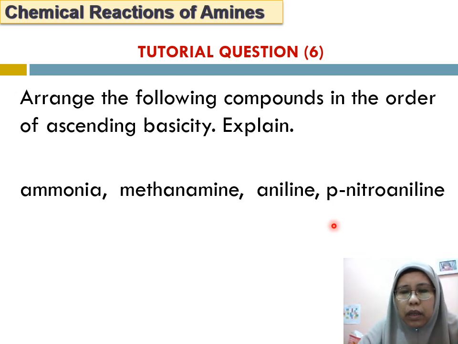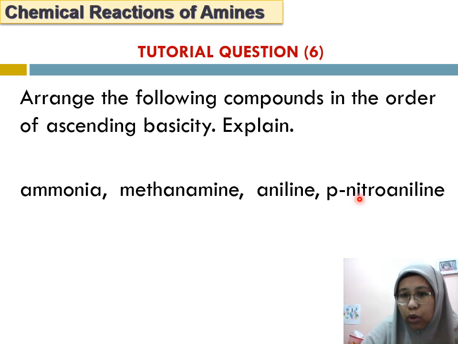So EWG would destabilize the ammonium ion as it withdraws the electron that is delocalized in the benzene ring. So this compound, para-nitroaniline, would be the one that has the lowest basicity. It would be on the far left here.